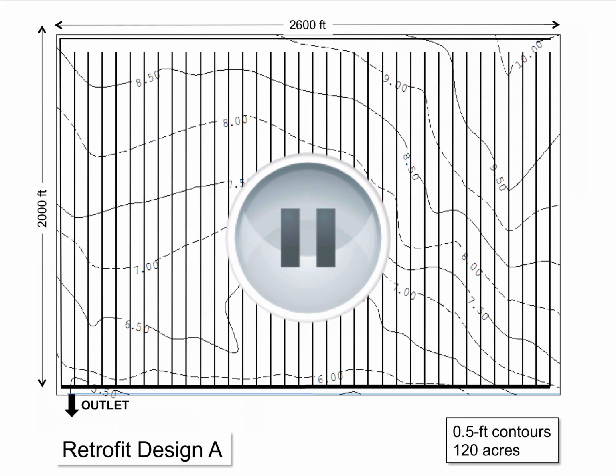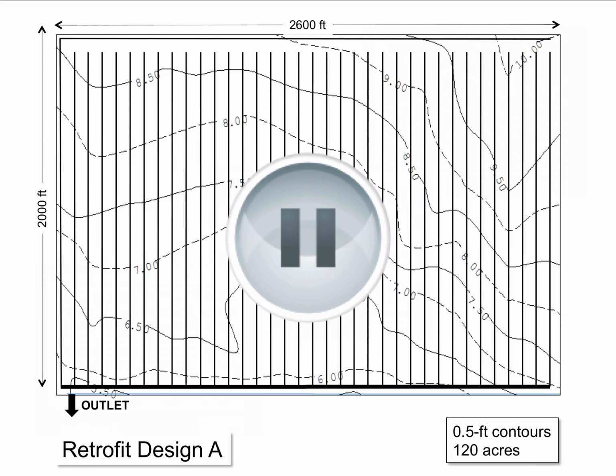The first field we're calling Retrofit Design A, and go ahead and find your handout that matches this field, and then press pause so we can go through the hands-on exercise together. Have you paused? Okay, let's begin.